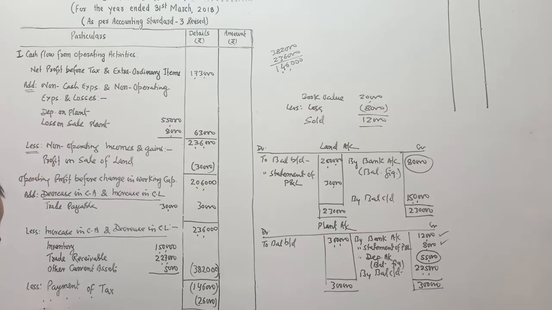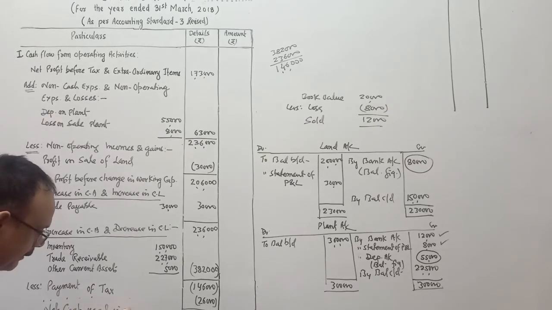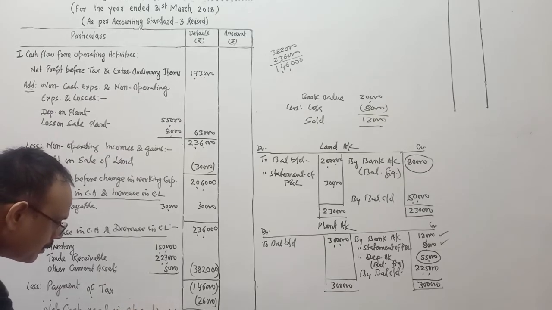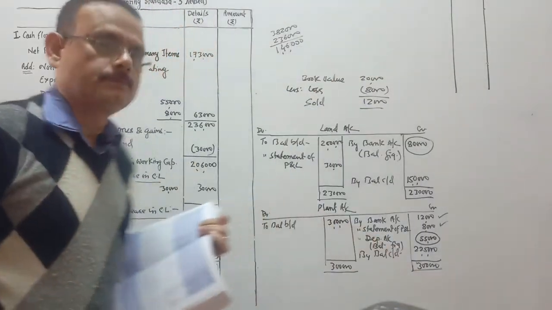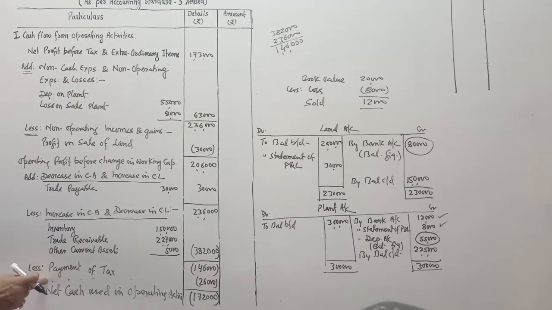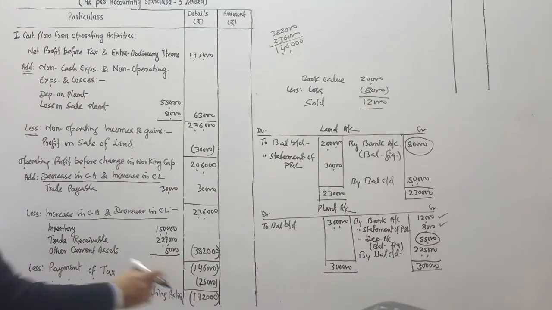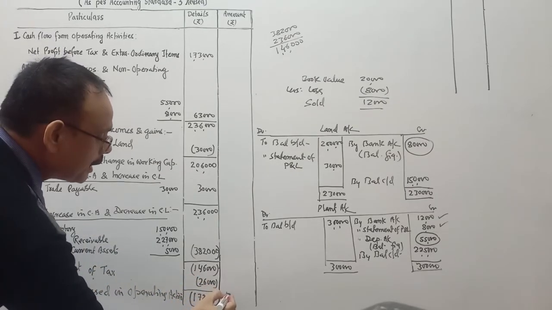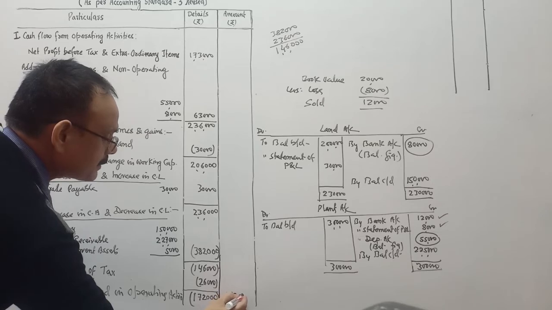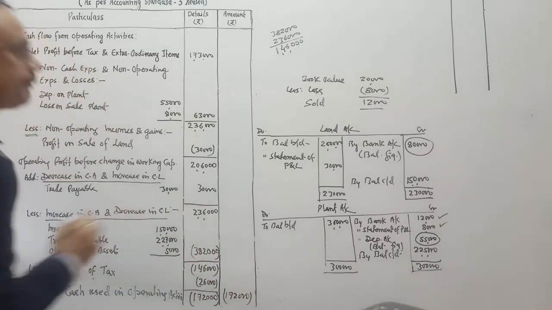Here you will write net cash used in operating activities. So this is the final figure that comes, net cash used in operating activities 1,72,000. Okay, this figure you write in the outer column, 1,72,000 net cash used in operating activities.